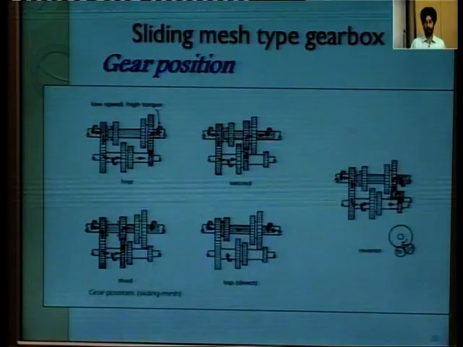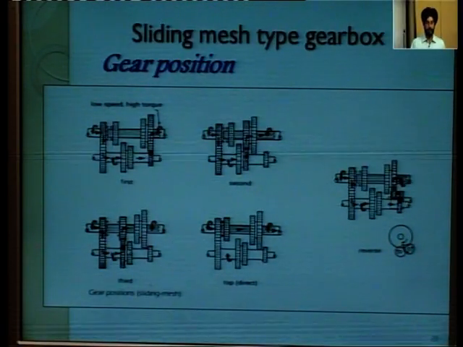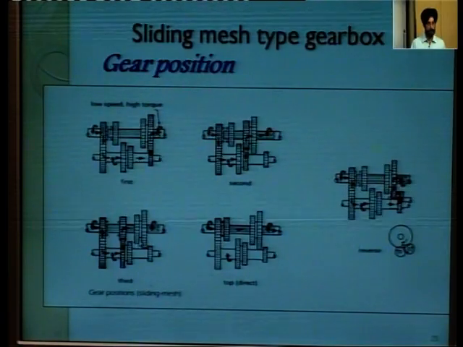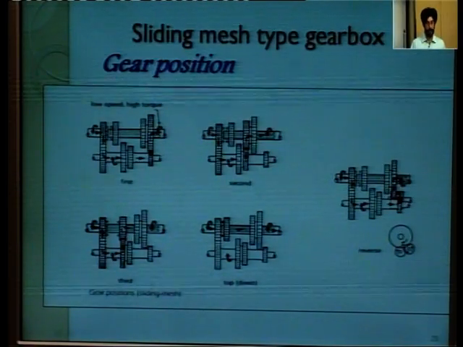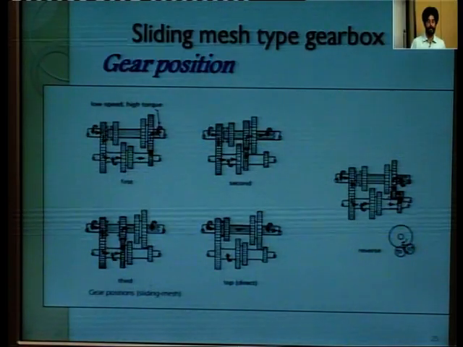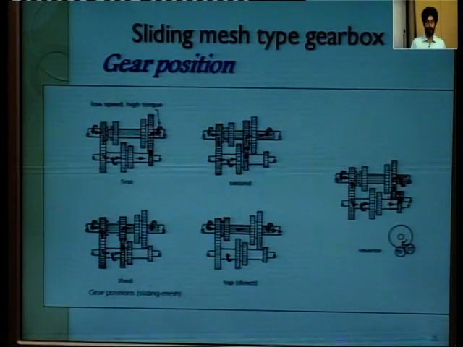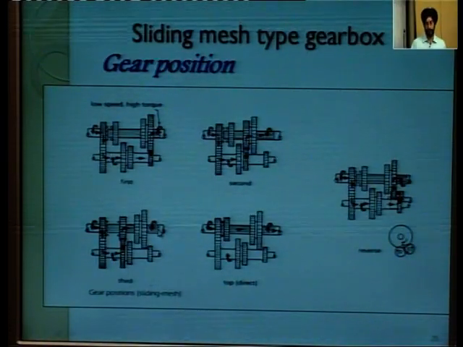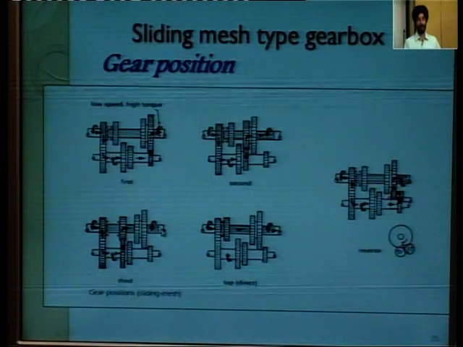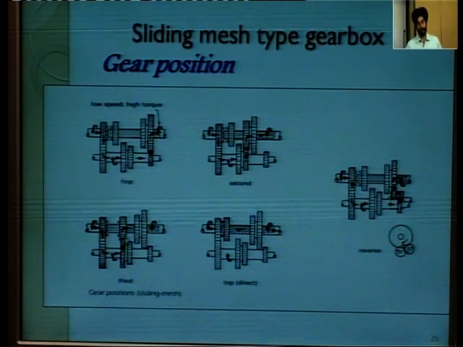lesser torque. So, when the third gear is placed, first and second gear are disengaged, and this third gear is meshed with the third gear on the lay shaft. In this case, we will have output RPM more in comparison to the second gear and torque less.